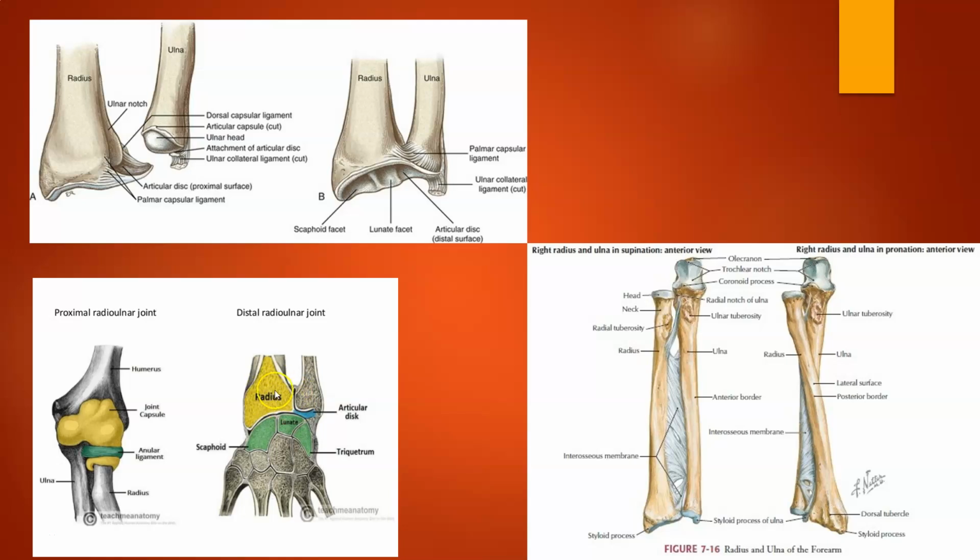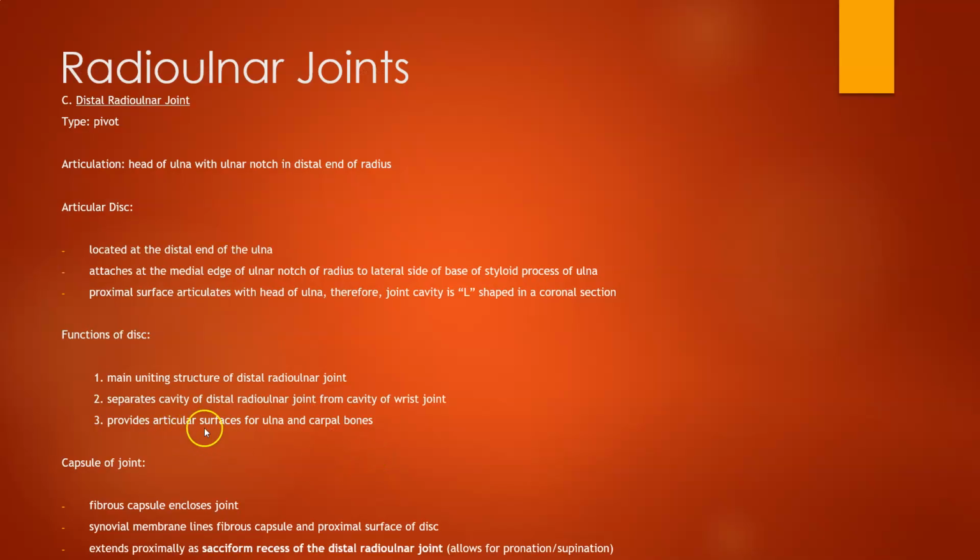So you get a nice congruent fit here of the head of the ulna into the ulnar notch of the distal radius, but you do need this disc to increase congruency between the distal head of the ulna as it relates to the convexity of the proximal row of the carpal bones. Okay, so it does provide a better, more stable articular surface.